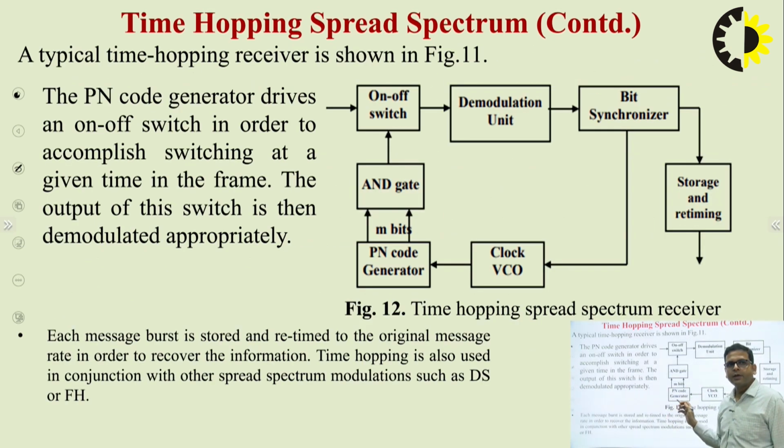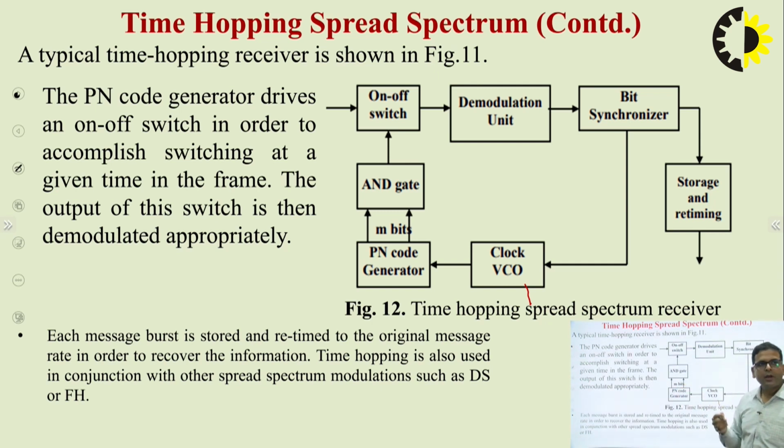This is the basic receiver of time hopping spread spectrum, in which the PN code generator, with the help of an AND gate, drives this on-off switch, and we use the demodulation unit to remove the modulation which we have applied at the transmitter side.